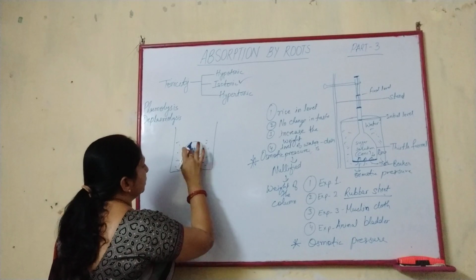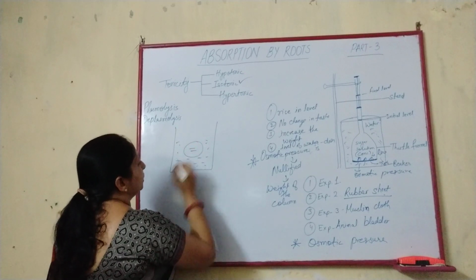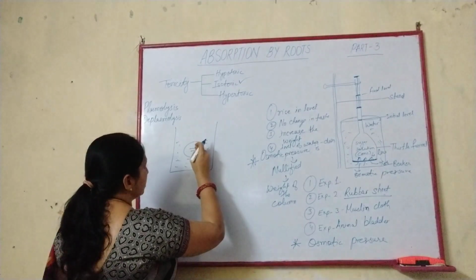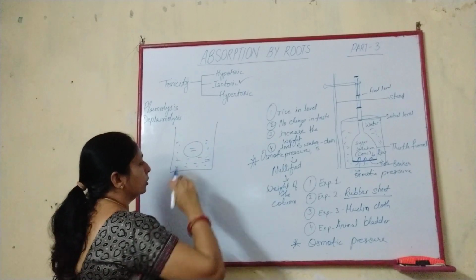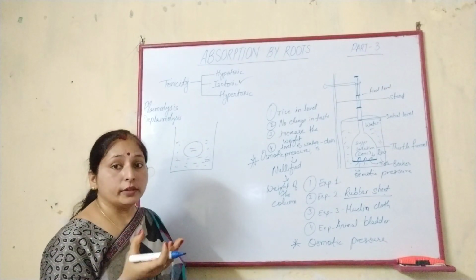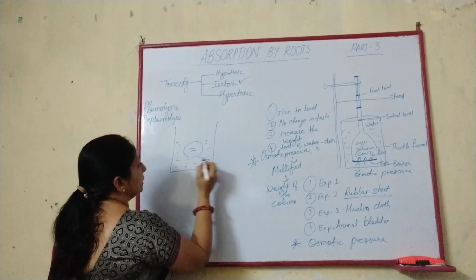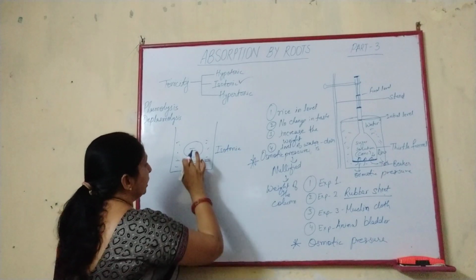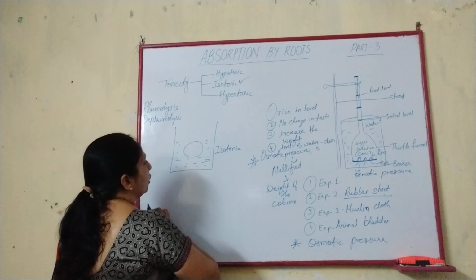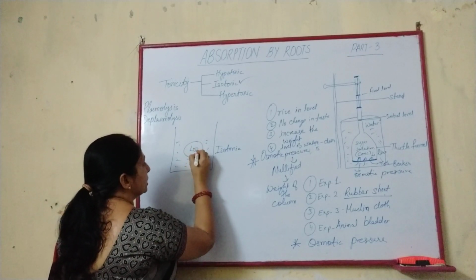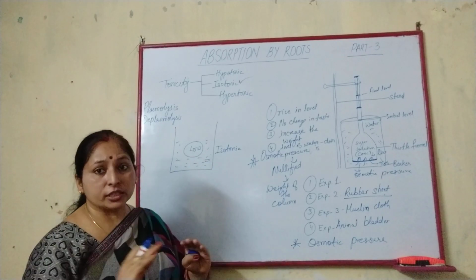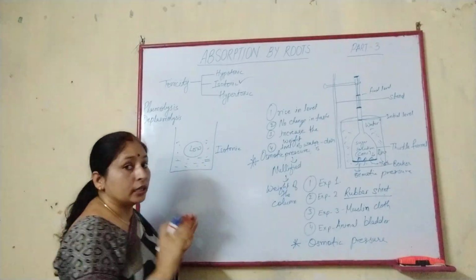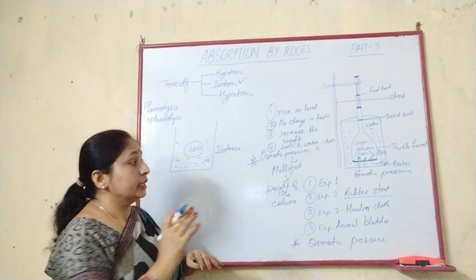When the concentration inside the cell sap and in the beaker is equal, that is, the concentration of fluid or solvent is equal in both, then it is isotonic. Hypotonic is a comparative study: a comparison between the concentration of solvent in the beaker and inside the cell. When the concentration is equal in both, it is isotonic.